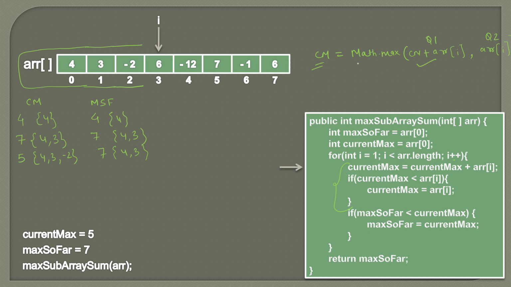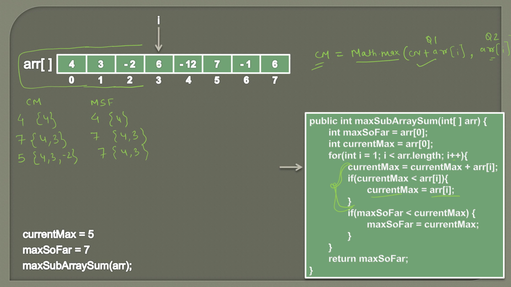So either we can do this or we can do this: first we directly assign current max plus array of I value to current max, and then with this if block we reassign the array of I value to current max if the value at the ith index is actually greater than the current max. It means this value is greater than current max plus array of I, so this value will be assigned, or else we have already assigned this value to current max here.